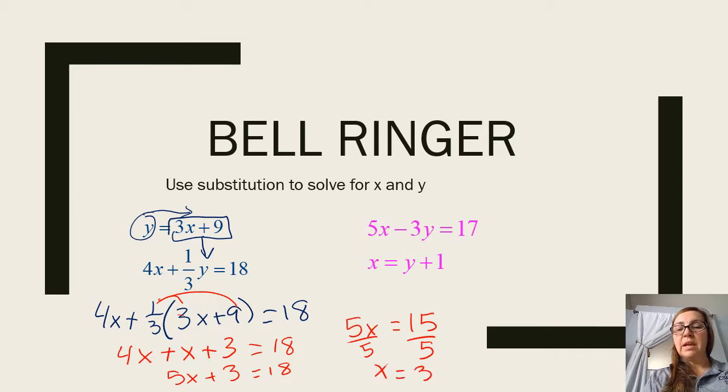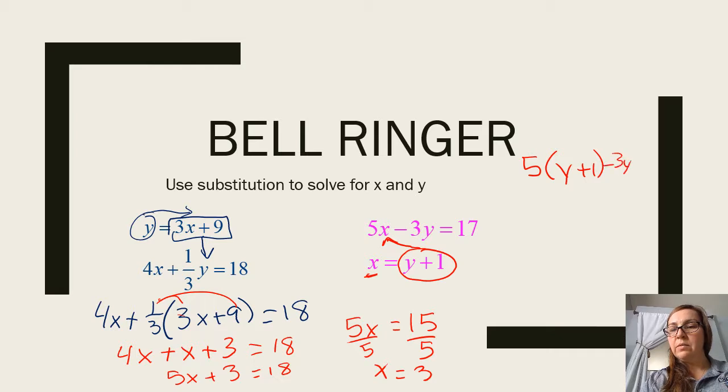You repeat the same process here, but this time we're saying x is equal to something, so this entire value gets substituted in for x. So we have 5 times the quantity y plus 1, minus 3y equals 17. Go ahead and distribute: 5y plus 5 minus 3y equals 17.